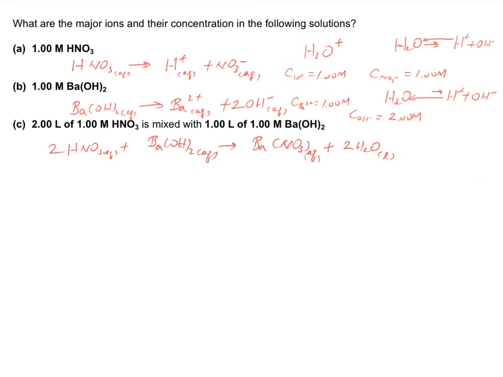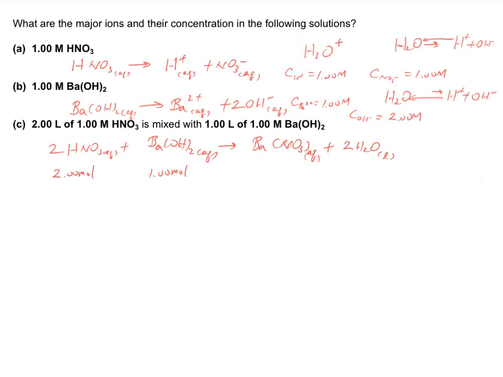Okay, this is the reaction. So from the volume and concentration information, we have the mole number for nitric acid, 2.00 mole, and 1.00 mole of barium hydroxide.